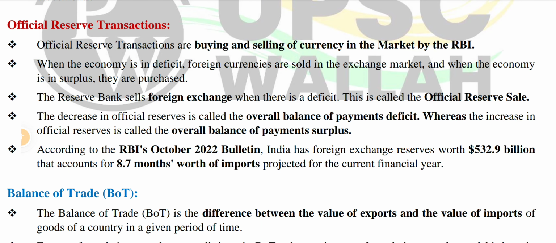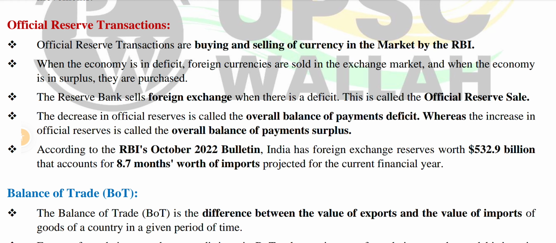Official reserve transactions are buying and selling of currency in the market by the RBI. When the economy is in deficit, foreign currencies are sold in the exchange market, and when the economy is in surplus, they are purchased. The Reserve Bank sells foreign exchange when there is a deficit. This is called official reserve sale.